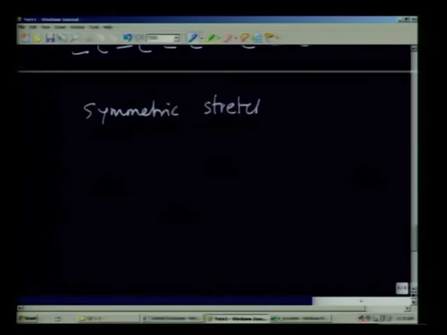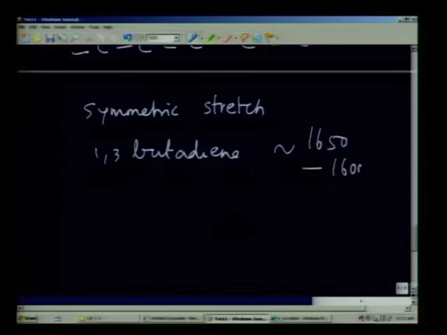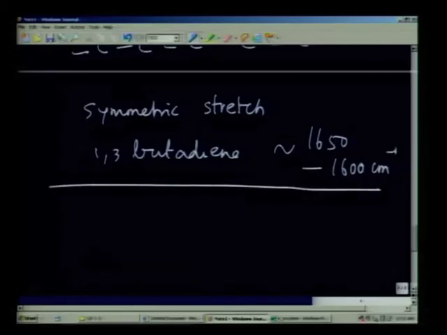Conjugated alkenes have symmetric stretch, for 1,3-butadiene, for example, approximately 1650 to 1600 centimeter inverse. These are patterns characteristic of the symmetric conjugated diene structures.